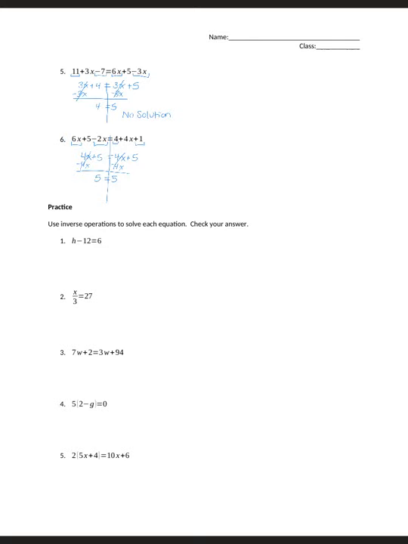Yeah, 5 does equal 5. So if it's a true statement, it means that there's an infinite number of solutions. I can plug in any value of x, and it will be the same on both sides. I can plug in 1,000,000, and it will work. So that's what it means by an infinite number of solutions.